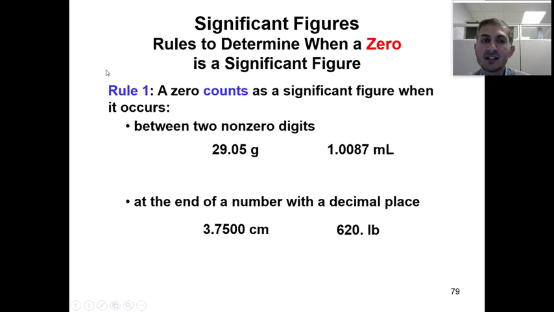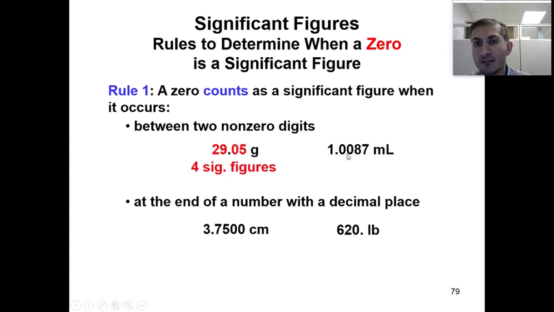If we have zeros placed between non-zero digits, we call them sandwich zeros. If they are placed in between two non-zero digits, like this example 29.05, we count these as significants. So in this example we have 1, 2, 3, 4 significants.